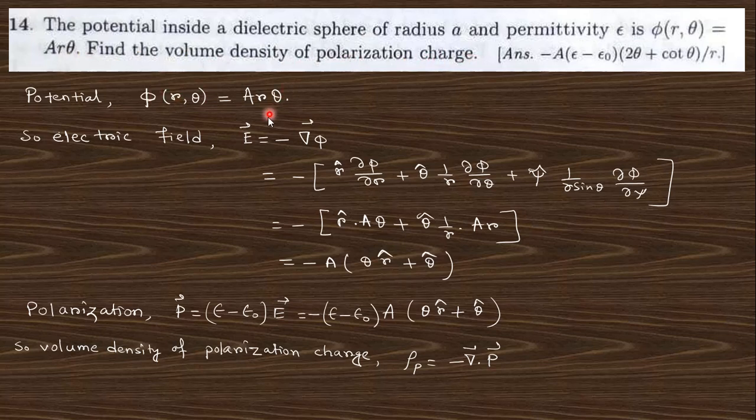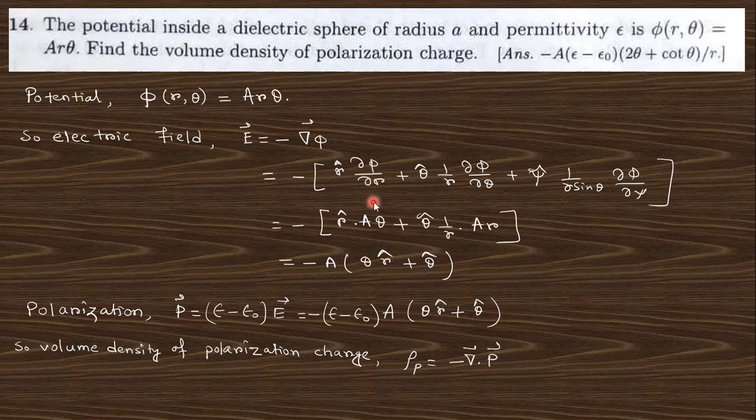From the potential you can get the electric field, minus grad phi. In the spherical polar coordinate system, this grad is r cap del del r, and theta cap 1 by r del del theta, and phi cap 1 by r sin theta del del phi. There is no phi component, you will get only r and theta components.